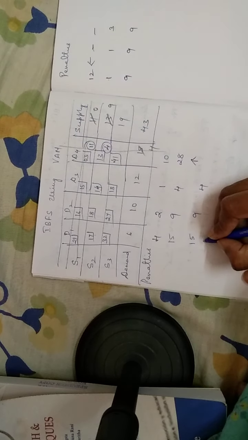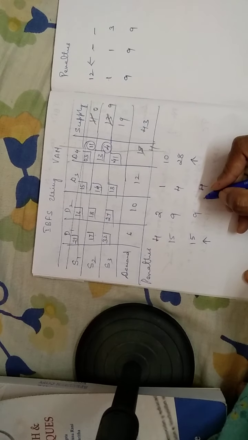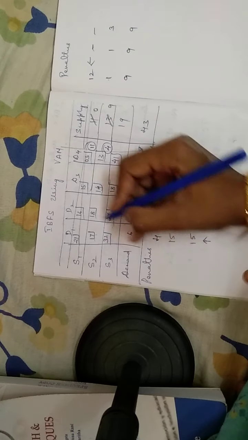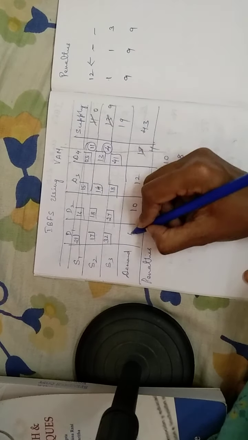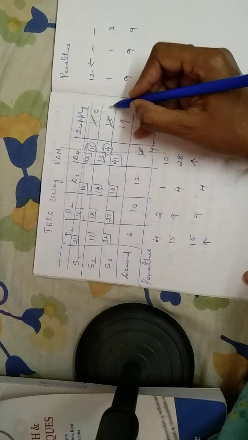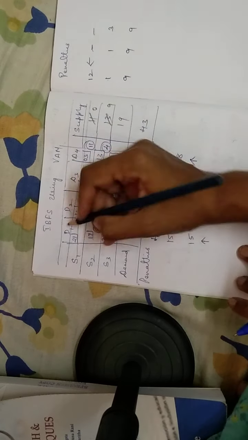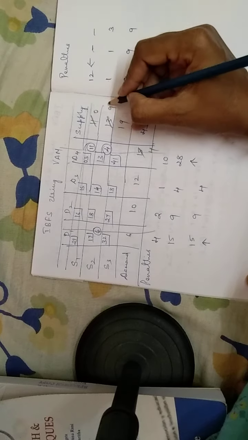If you compare the values here, the maximum penalty is 15. So I have to make the allocations in this particular column. Going by the costs here, 6 and 9, 17 is the least cost. If you compare the demand and supply, 6 is the least one. So I make the allocation of 6 here. We'll be able to cancel out this particular row. So I'm left with only 3 here.